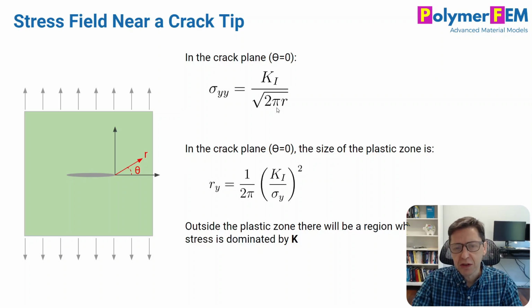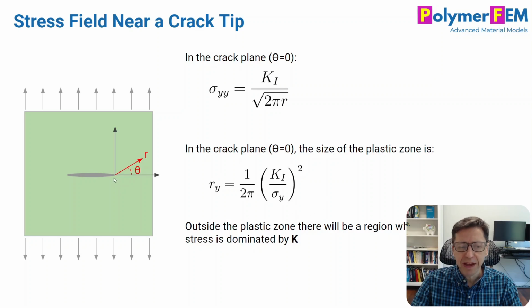What's interesting here is to consider the situation where this opening stress reaches the yield stress of a material. So now if we're talking about a real material that has some yield stress, if we replace sigma yy, the opening stress, by the yield stress, we can solve for r. That would be the distance from the tip where the stress will reach the yield stress. So that will be the plastic zone size.